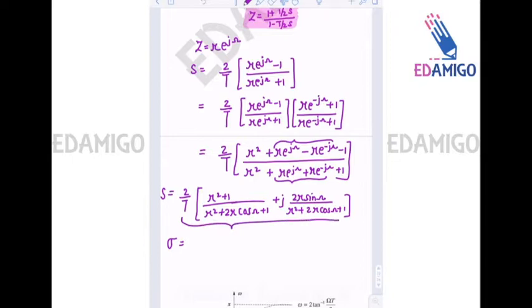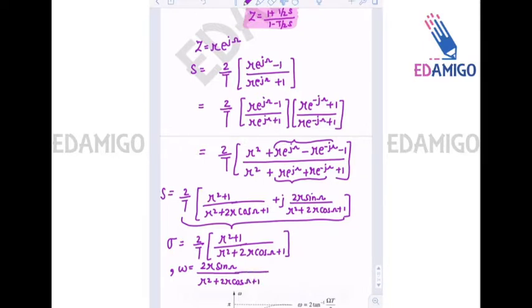So the real part sigma will be equal to 2 upon capital T times R square minus 1 upon R square plus 2R cos sigma plus 1, and the continuous frequency omega will be equal to 2R sine sigma divided by R square plus 2R cos sigma plus 1.